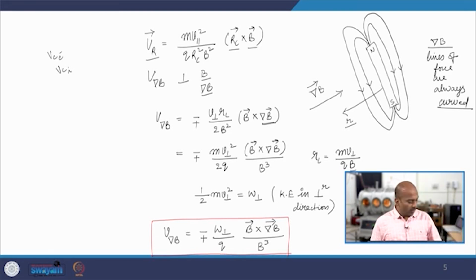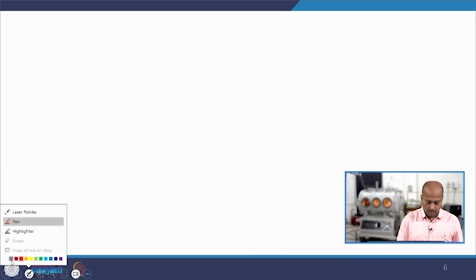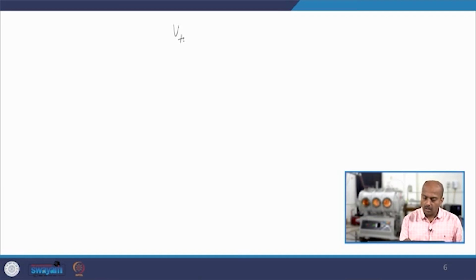So, what is the total drift the particle experiences? The total drift we can write is V del B plus VR.